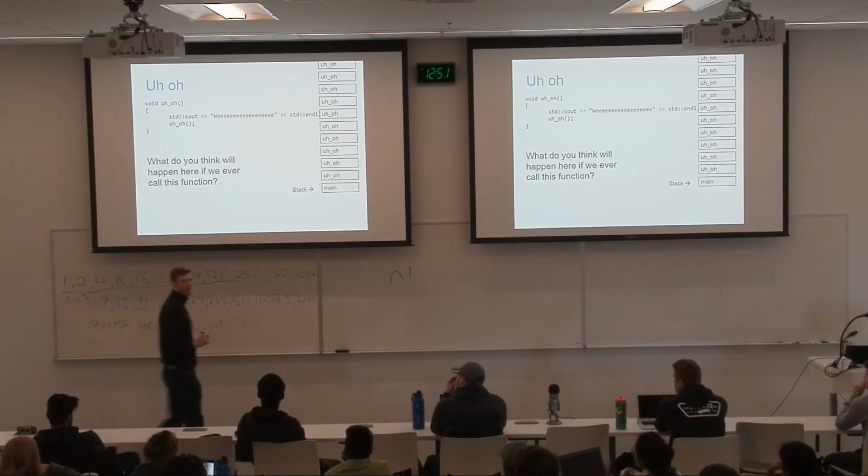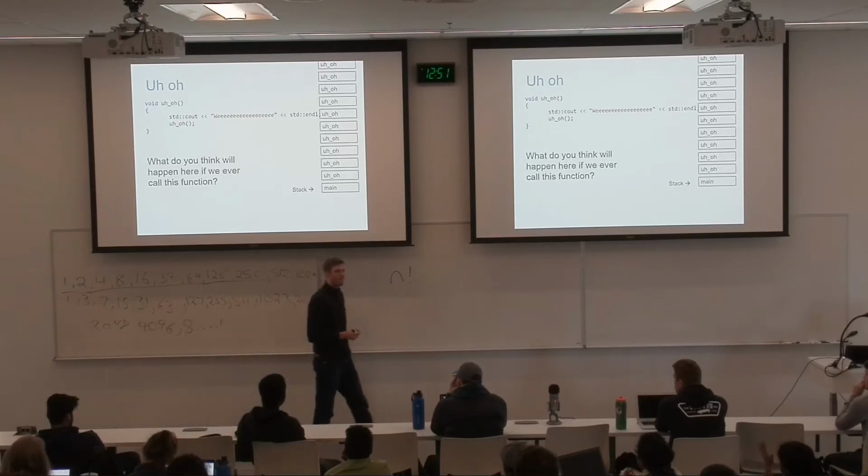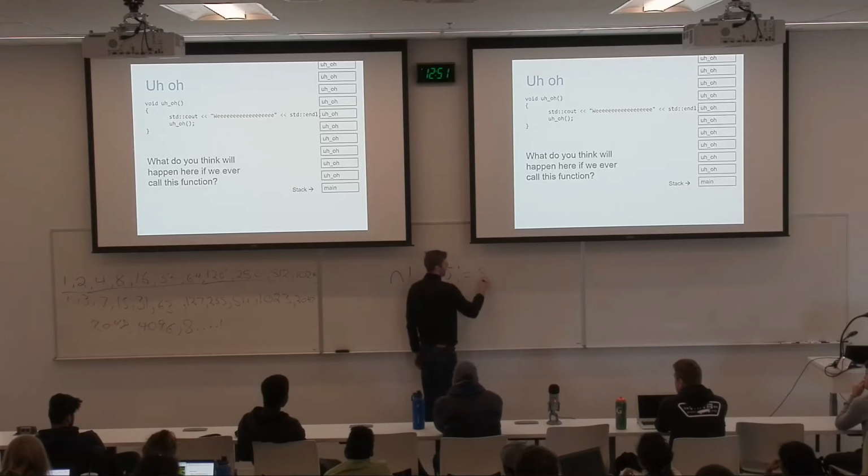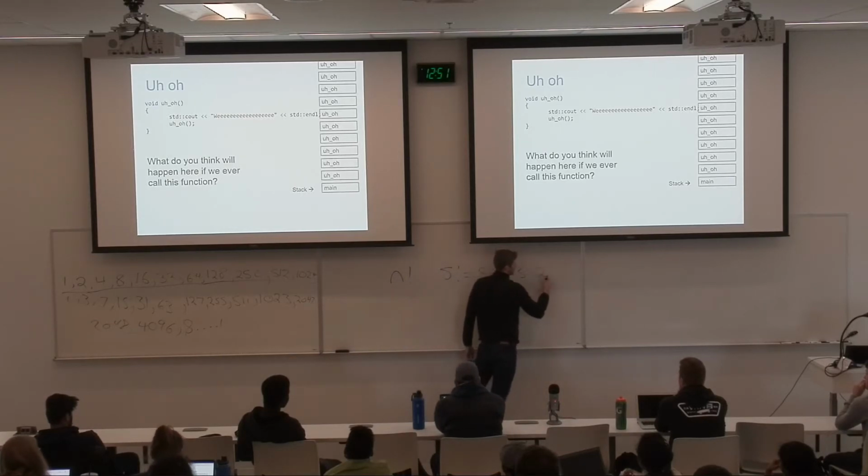What does this mean? The product of all the integers up to n. If I said 5 factorial, that's equal to 5 times 4 times 3 times 2 times 1.